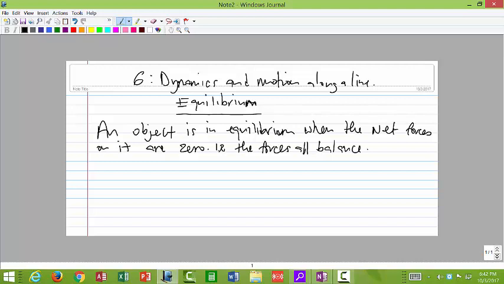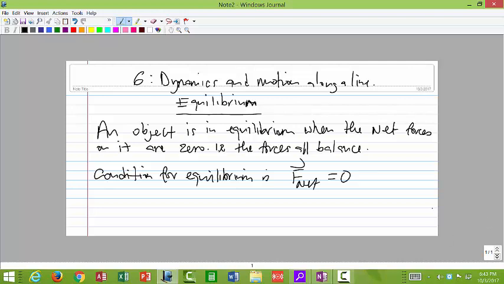So the condition for equilibrium is that the net external force is equal to zero.